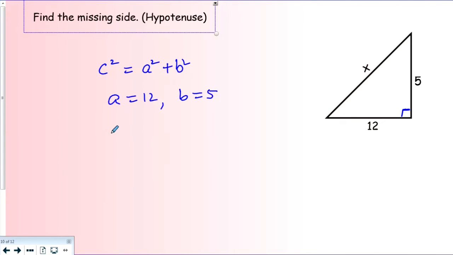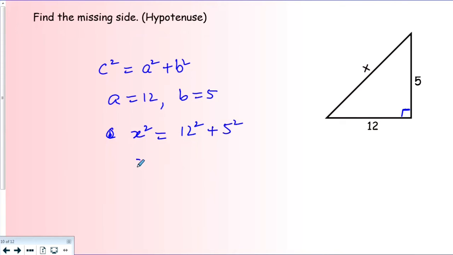Putting in the values, we get c squared, or x squared, equals 12 squared plus 5 squared. 12 squared is 144, plus 5 squared is 25. When we add them, we get 169.